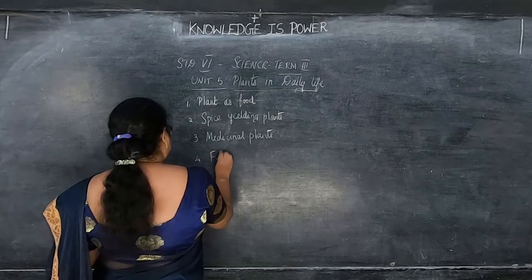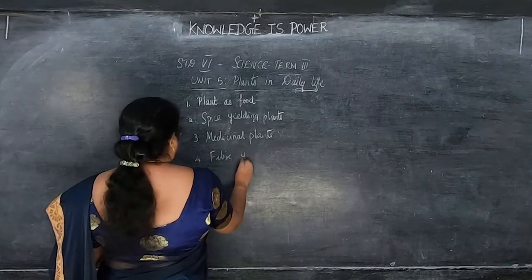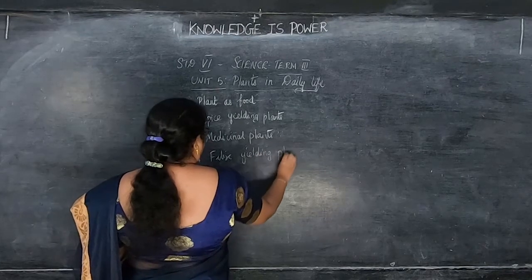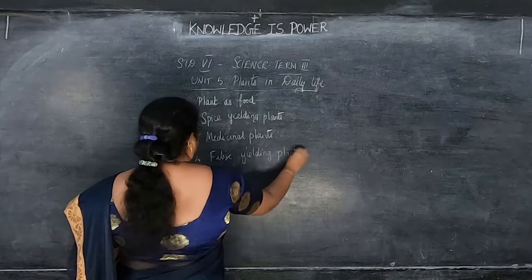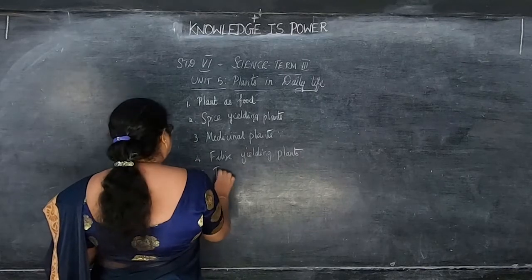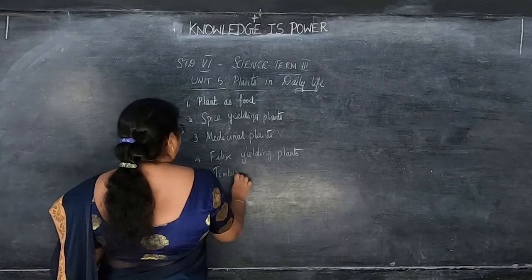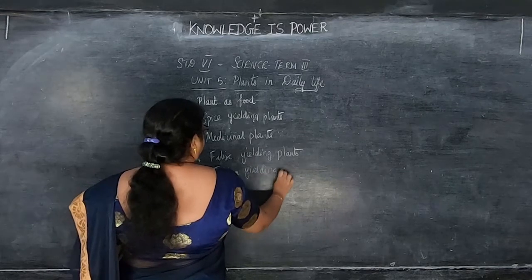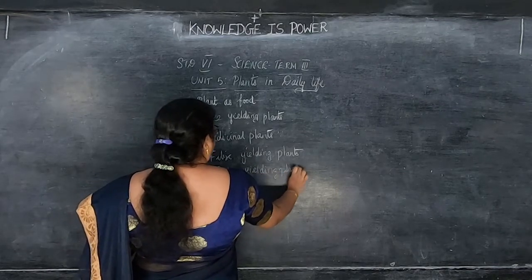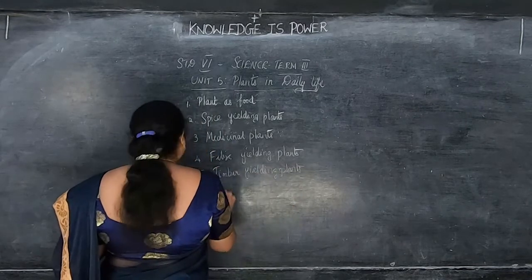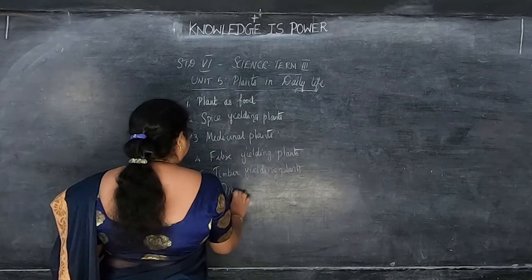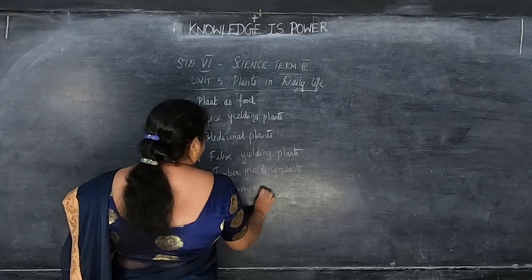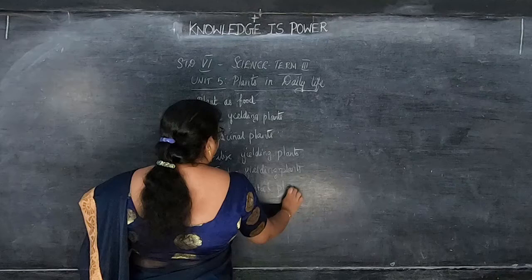Then fiber yielding plants, timber yielding plants, and then ornamental plants. Ornamental means decoration, which are used for decoration, okay. Those are the ornamental plants.